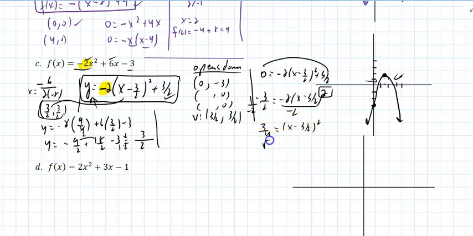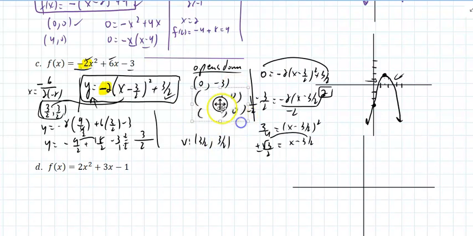Square root both sides. Don't forget when you square root, you always pick a plus or minus. And move that over, and x would be 3 halves plus radical 3 over 2 and 3 halves minus radical 3 over 2.